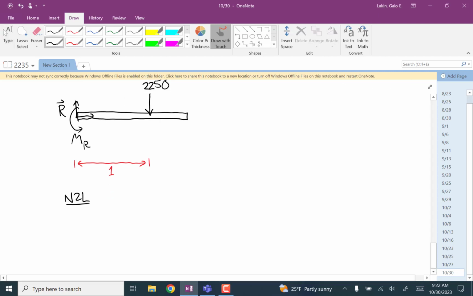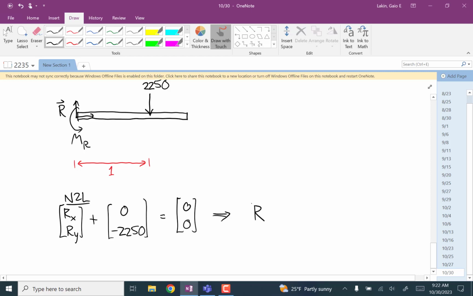So Newton's second law says Rx, Ry plus 0, negative 2250 is equal to zeros. So that reaction force vector is 0 for X, positive 2250 for Y.